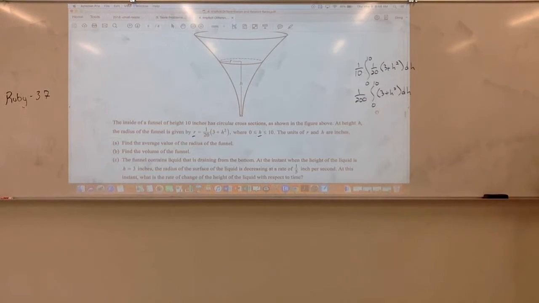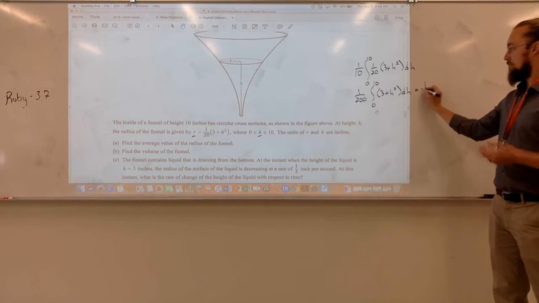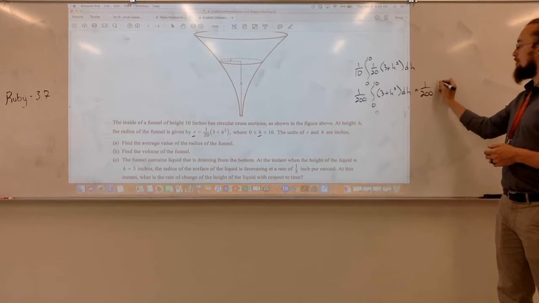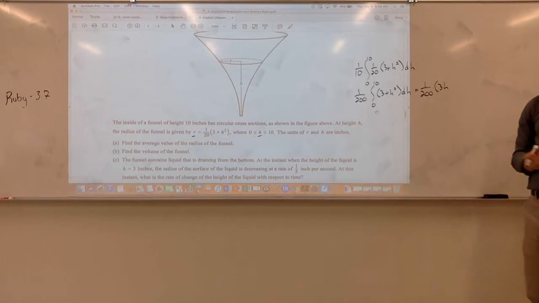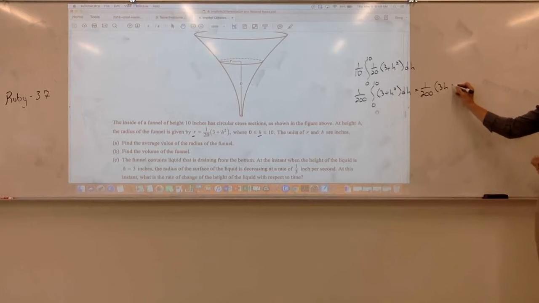So then how would I take the antiderivative of each piece here? What's the antiderivative of 3x, or in terms of this problem, 3h? And then the antiderivative of h squared, that would be 1/3 h cubed. So I'm evaluating this from 0 to 10.